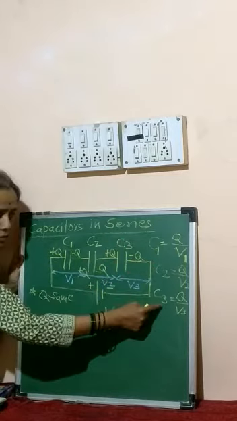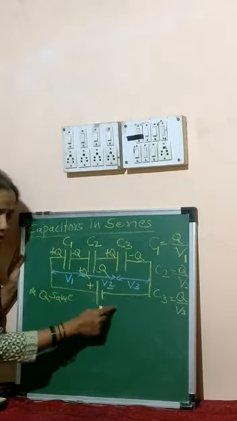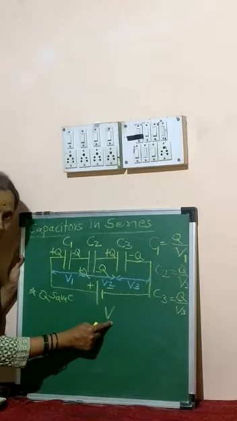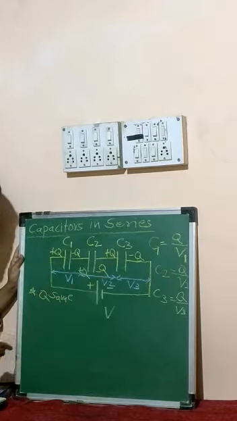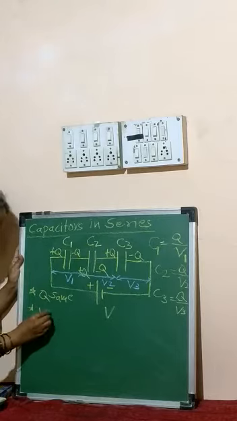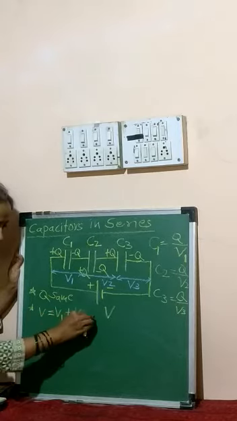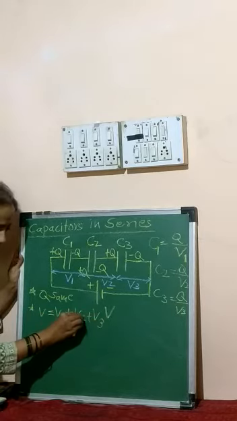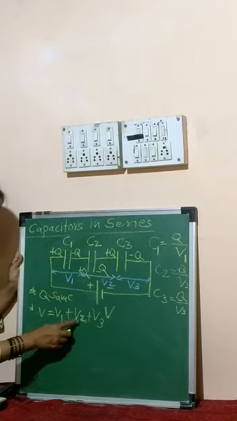Now from this, what is our observation? Your battery potential V will get divided as V1, V2 and V3. Therefore, the next important point: in series combination, the total battery potential V is equal to V1 plus V2 plus V3. Now we can substitute the values of V1, V2 and V3.